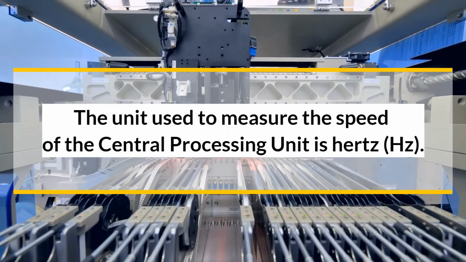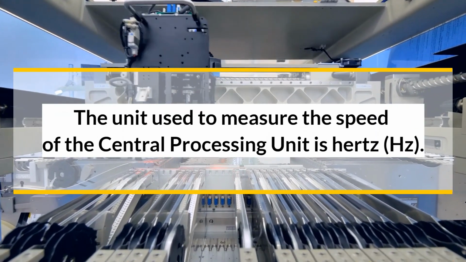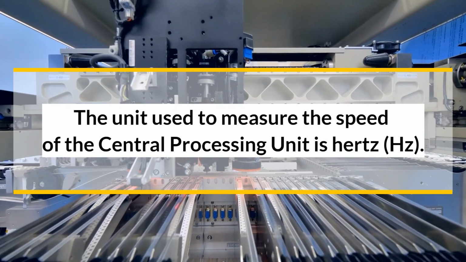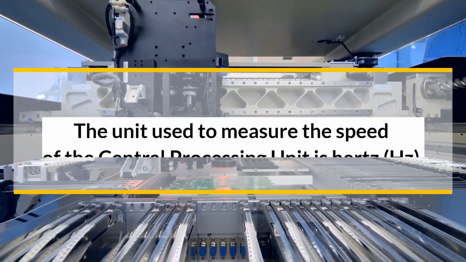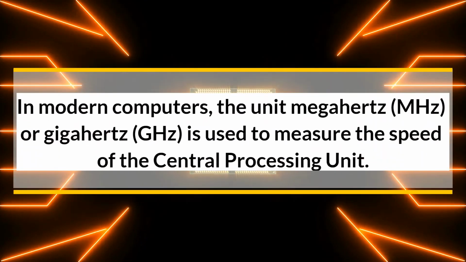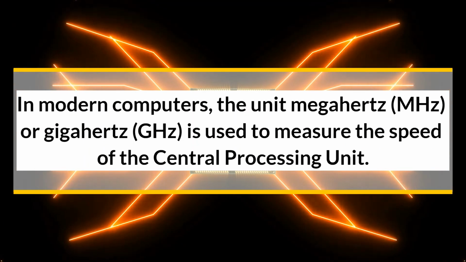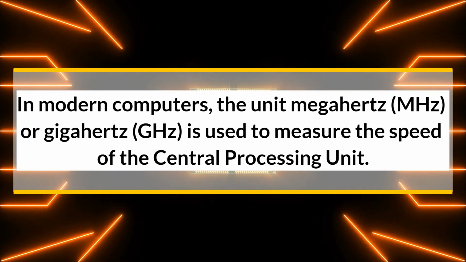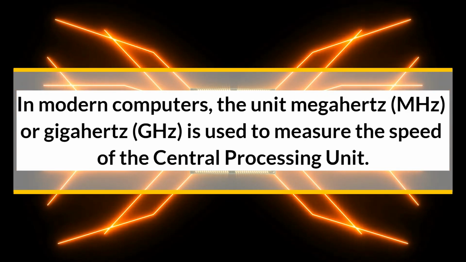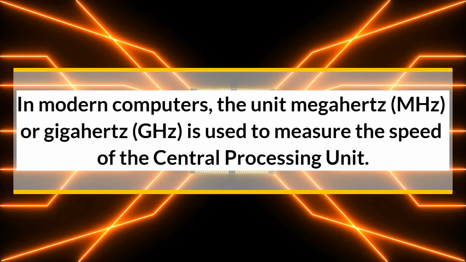The unit to measure the speed of the central processing unit is Hertz. But in modern computers, the unit megahertz or gigahertz is used to measure speed of the central processing unit.